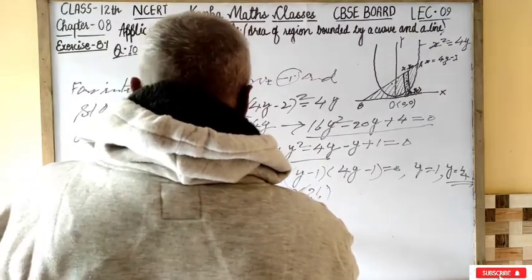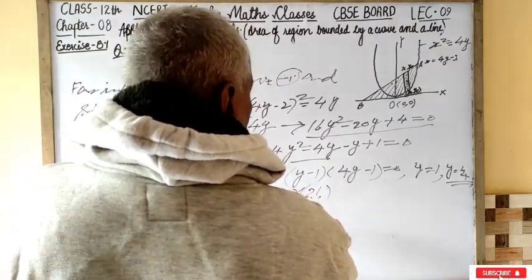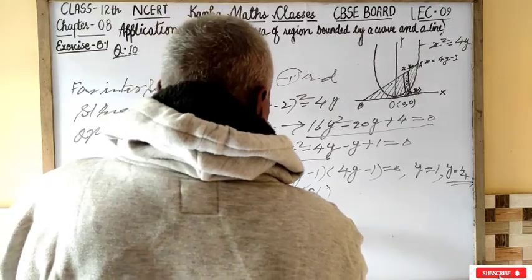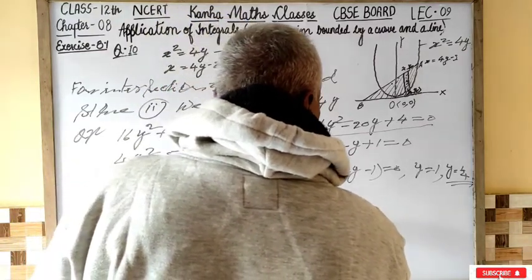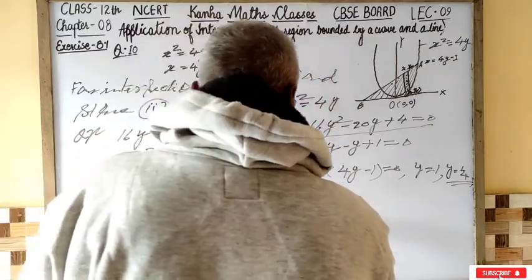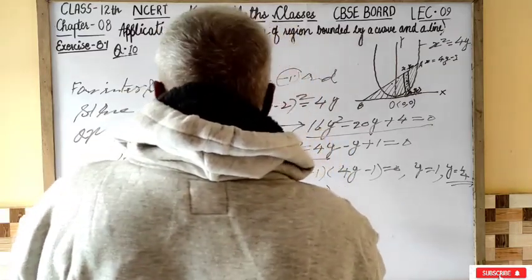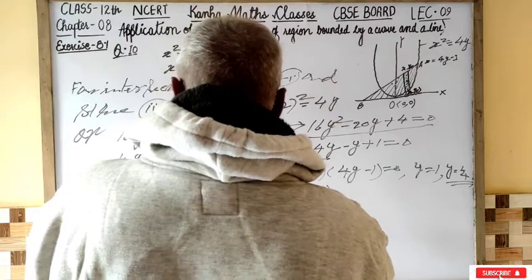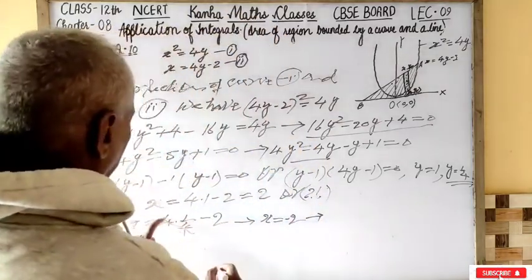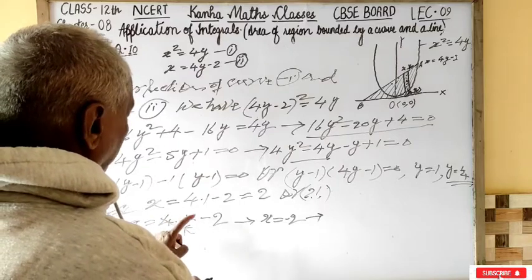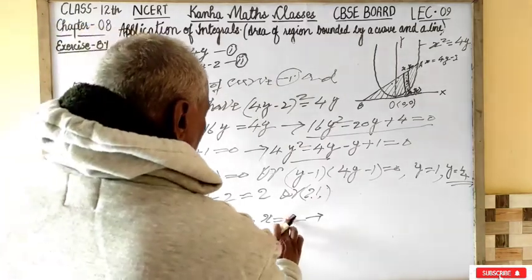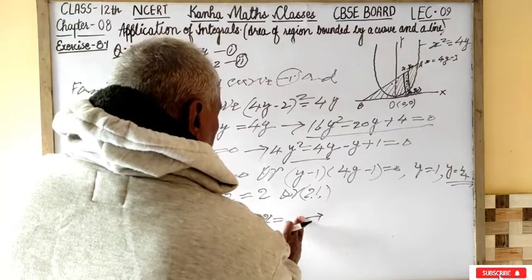For this value, x is equal to minus 1 and y will be equal to 1 by 4.